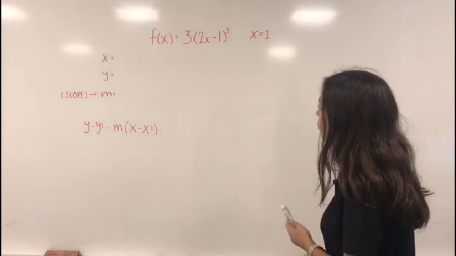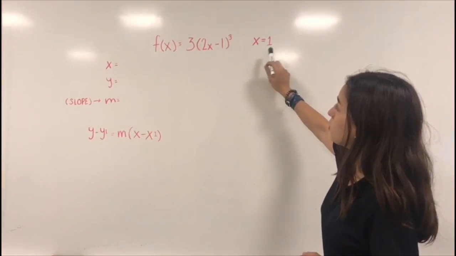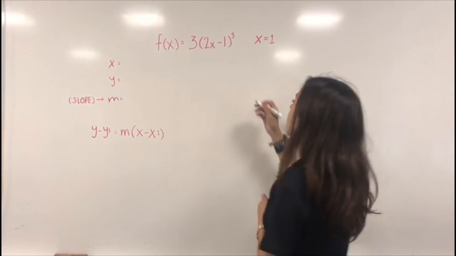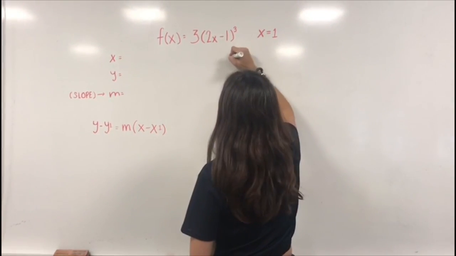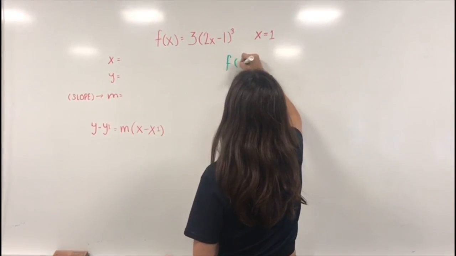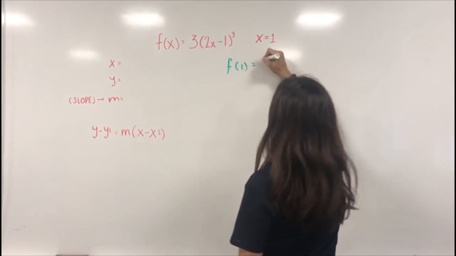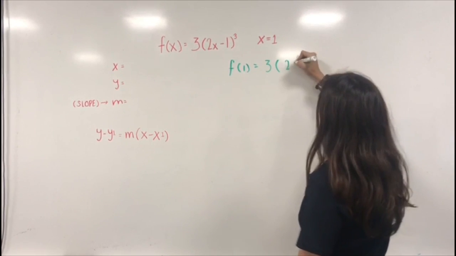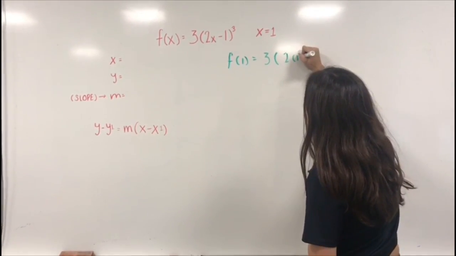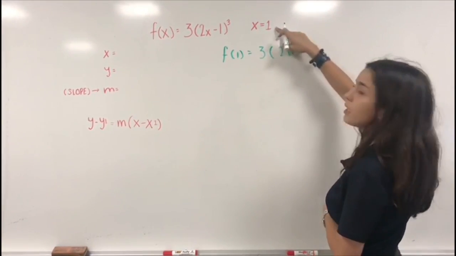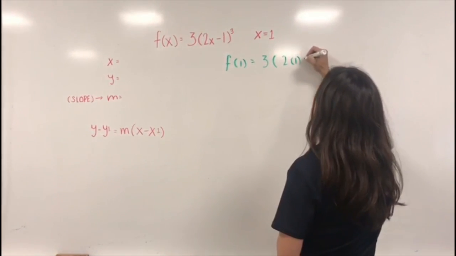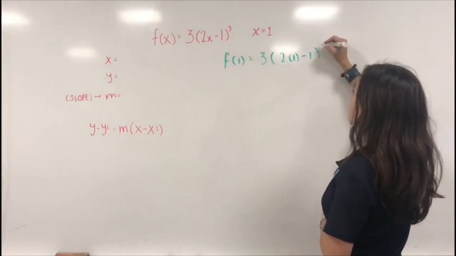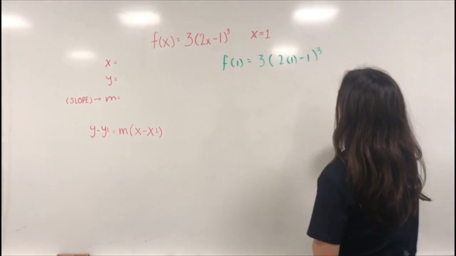So what you're going to do first is plug this x, which is 1, into the x's that you see in the problem. So you're going to put f of 1 equals 3, you open the parentheses, 2, you put another parenthesis just so it's clear that it's times and you're plugging in the number, minus 1, and then you close the whole parenthesis, and it's to the third power.